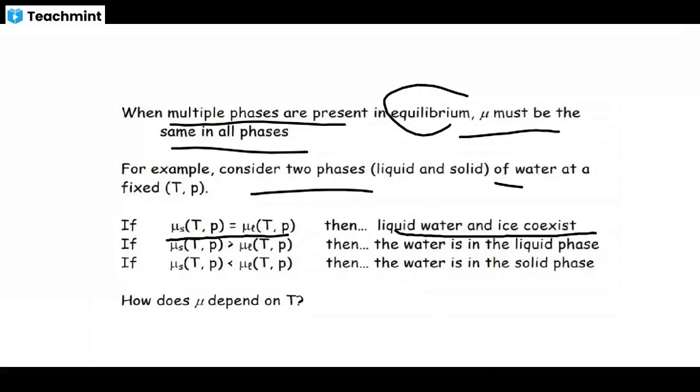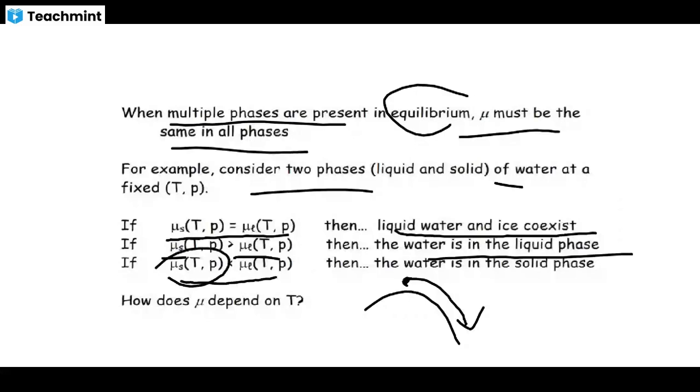If the chemical potential of liquid is smaller than that of solid, then the water is in the liquid phase. Like I already told, the chemical potential is like a hill, so it always tends to go low. When the solid is lower, the water is in the solid phase.